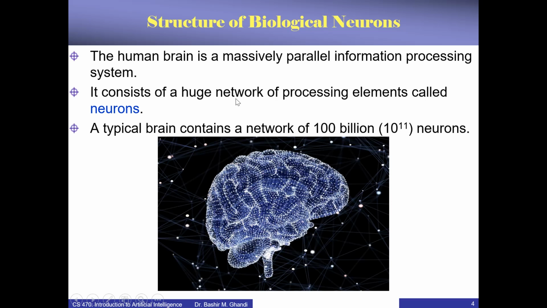A typical brain actually contains a network of about 100 billion neurons. That's 10 to the power 11. You can imagine how huge this number of neurons within the brain is. 100 billion.